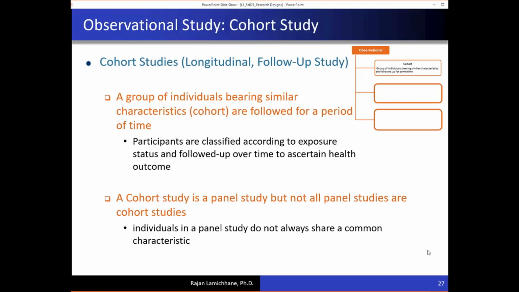A cohort study is also a panel study, meaning we study them over a period of time. But not all panel studies are cohort studies, because cohort studies contain individuals with similar characteristics, but in panel studies there could be other factors not common to all individuals.